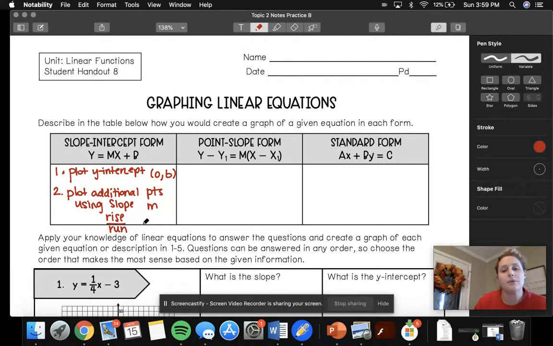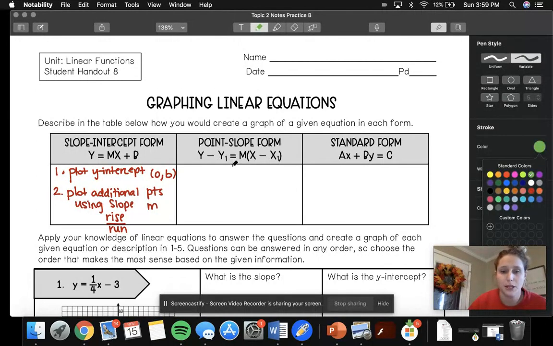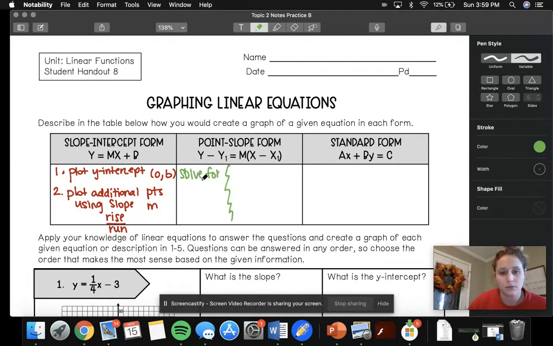If it was in point slope form, there are two different ways you could do it. You could solve for y, because then it would be y equals mx plus b, and then you could graph it the way you would in slope-intercept form. The way to graph it a little bit easier if it's already in point slope form would be to plot the point that's given to you, in this case your x1, y1 coordinate.